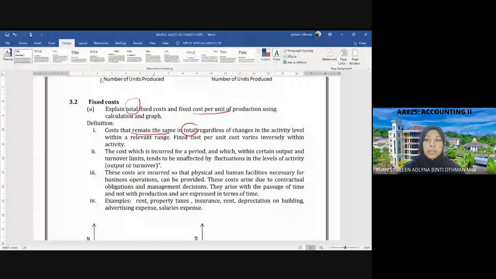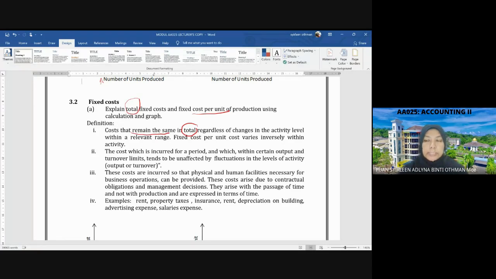Contoh, factory rent, sewa kilang. Okay, so let's say your factory rent is 1,000. So kalau kata tiba-tiba kilang you tutup sebulan, you still need to pay for the rent. Masih kena bayar 1,000. Tapi awak tengok level of activity kosong. So kosong level of activity pun kamu still bayar sewa.